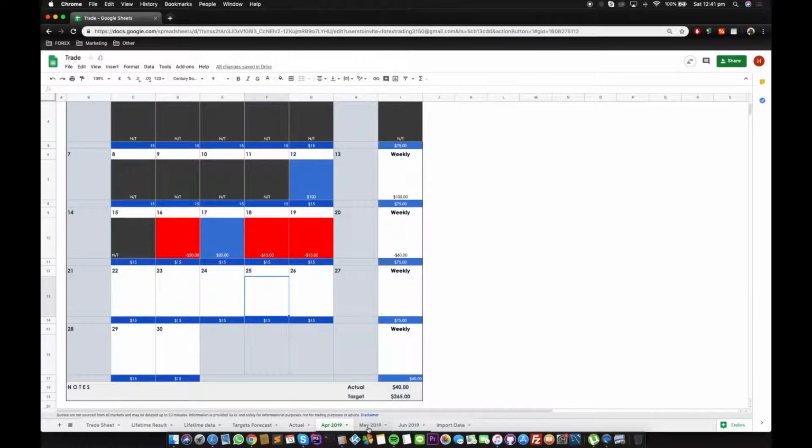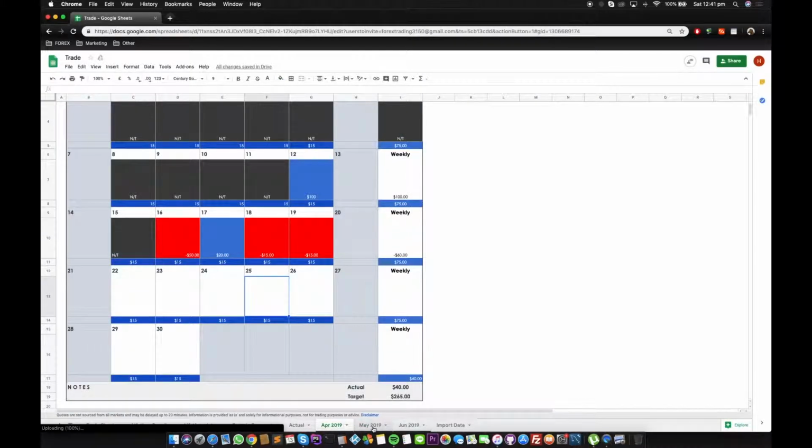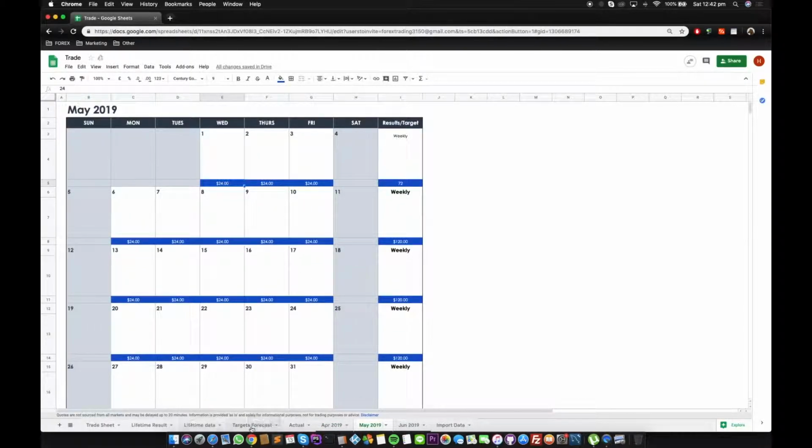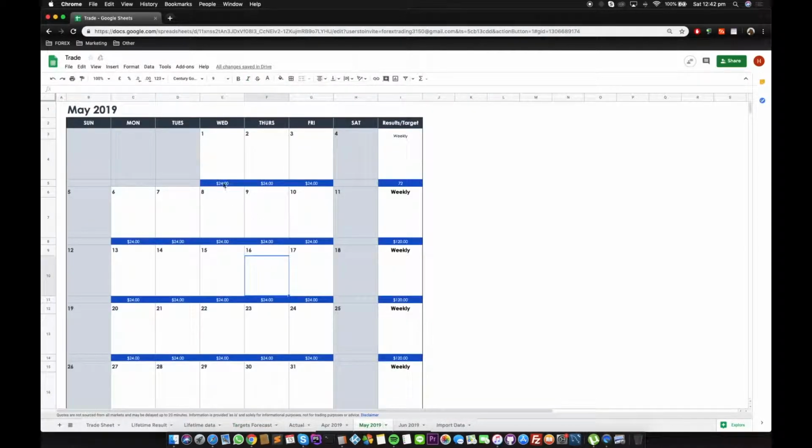And then next month, this value will increase if you meet your April targets. So in May, my target is $480. I'm risking $16 per trade, and my dollar pip value increases because my bank value increased. So in May, my daily target is $24. That seems reasonable and easy to do.